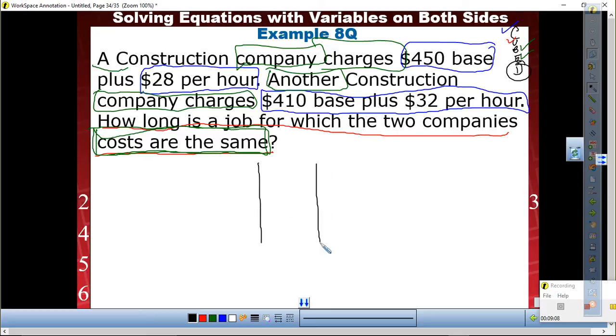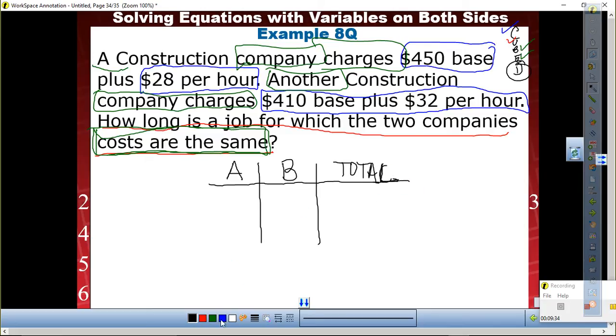And we're doing this one together. Do they give us a name for the first company? No. What can we label it? 1 or A. I'm just going to use A. So the second company would be B. And right here I'm going to write total.